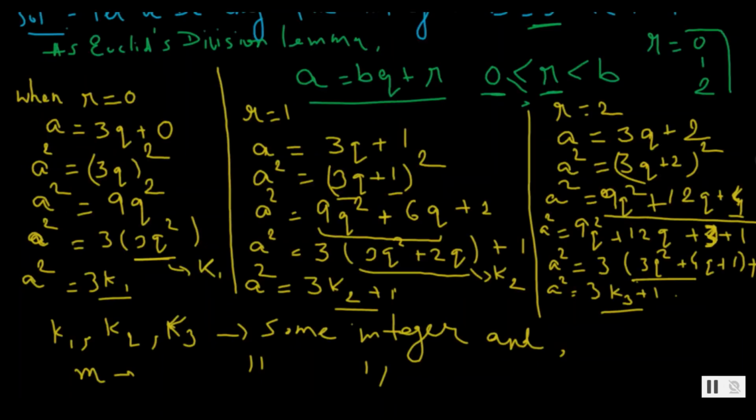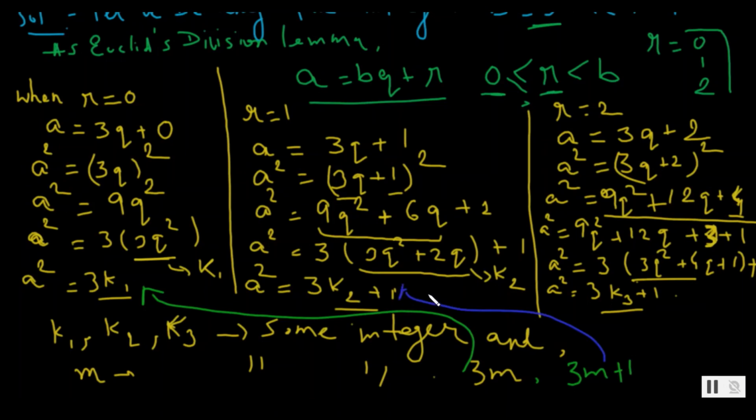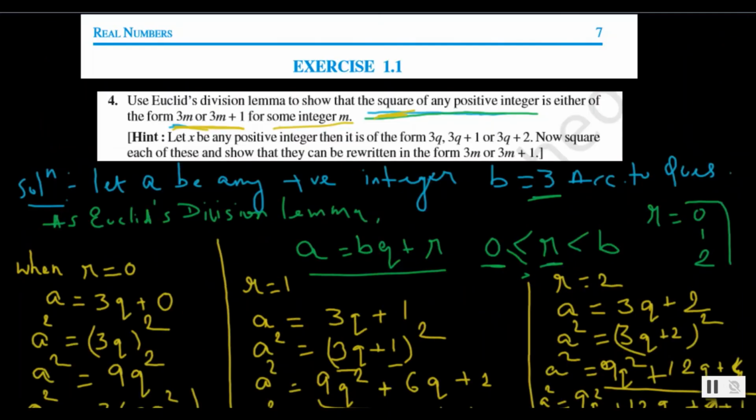So we can also write it as 3m for this one, or 3m plus 1 for this one, and the same 3m plus 1 for this as well. And hence we proved that the square of any positive integer is either of the form 3m or 3m plus 1 for some integer m.